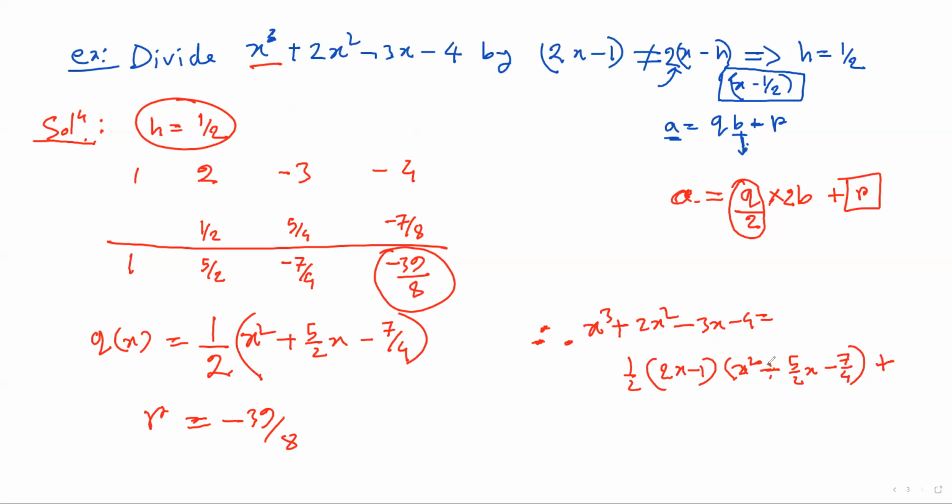This is plus the remainder. The remainder is actually negative, so minus 39 by 8. Please let me know if there is anything that is confusing you. Otherwise, let me just move on.